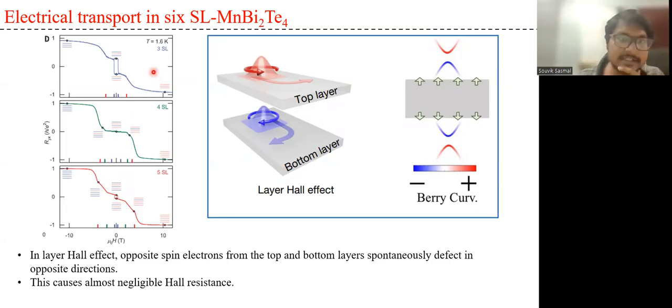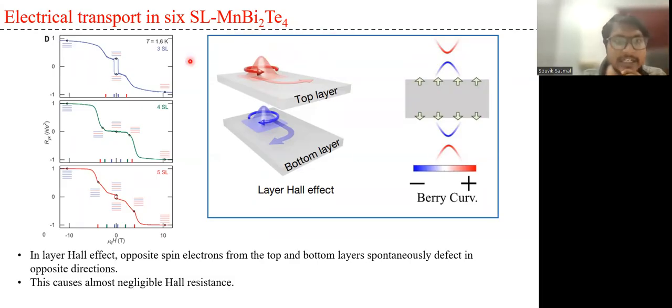Let's say I have 3 layers of MnBi2Te4. If one layer's Mn moment is aligned along one axis, let's say the A axis, then the second layer's Mn moment will align along minus A, and the third along A. So you can think that 2 layers cancel each other, but one layer will stay hanging.